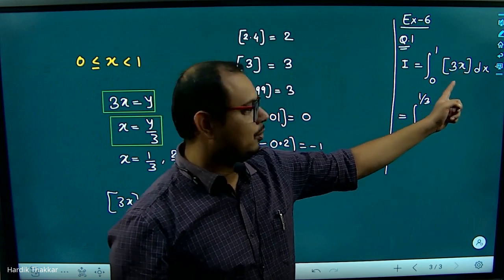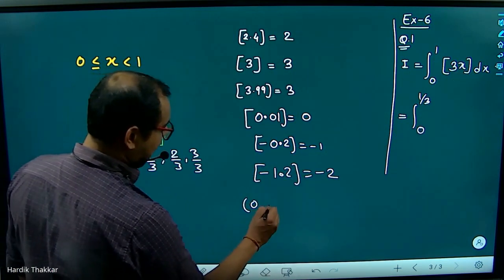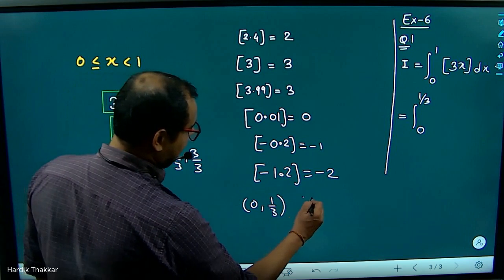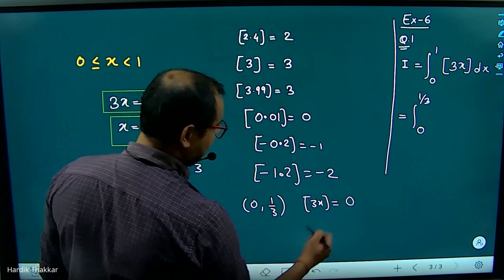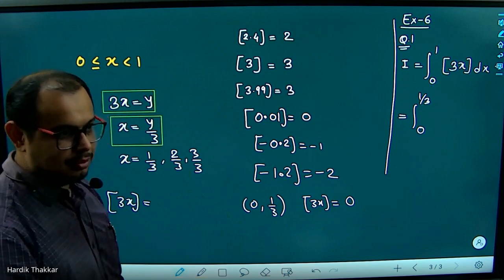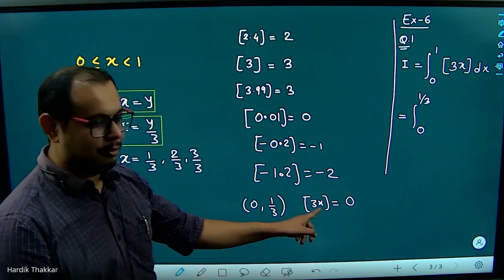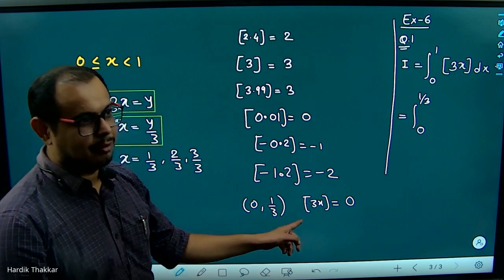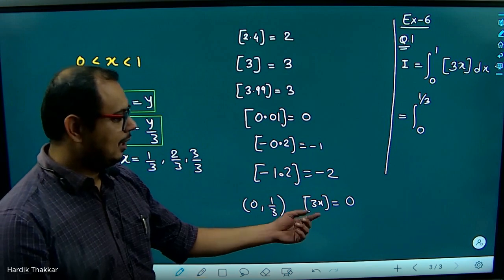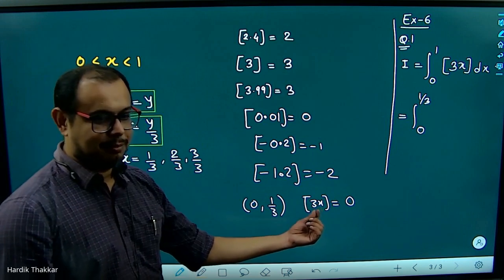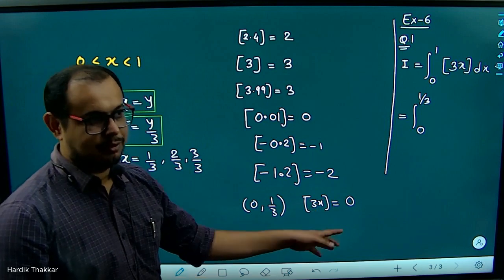So for the interval 0 to 1 by 3, the greatest integer function of 3x will be 0. Why? Because the upper limit 1 by 3 cannot be attained; any number less than 1 by 3 gives 3x less than 1. So that's why we get 0 here.